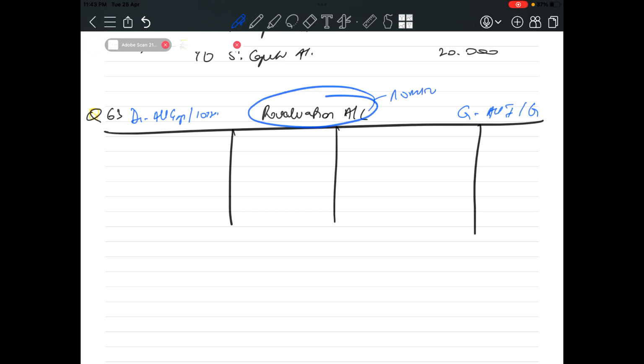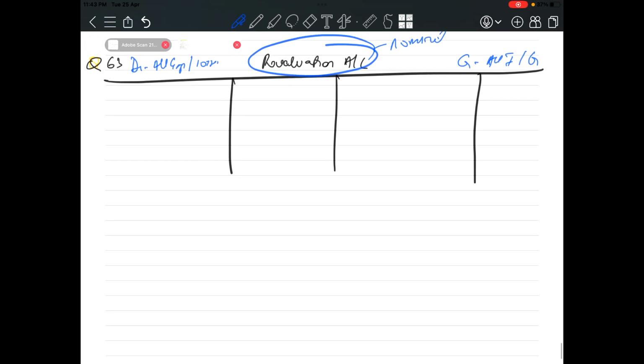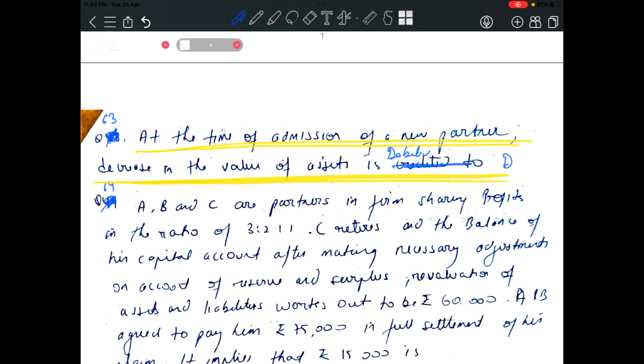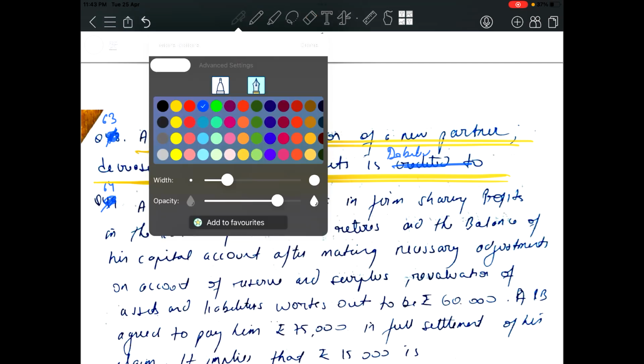So where will the decrease go? What will be the journal entry? Revaluation account debit to assets account, so it will go to the debit side. So the answer: at the time of admission of a new partner, decrease in the value of assets is debited to revaluation account.